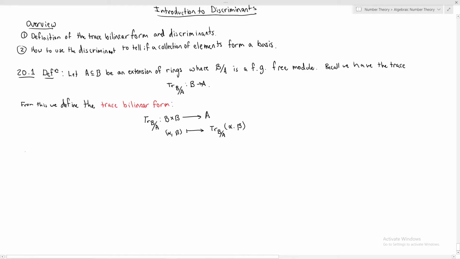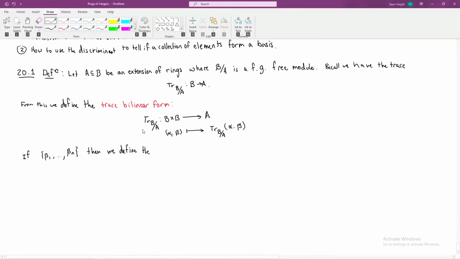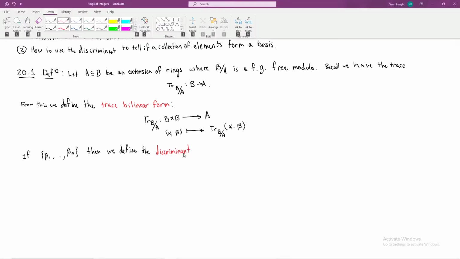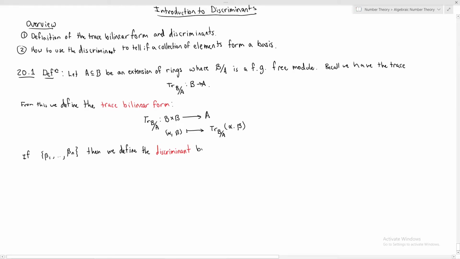Okay. So let's say I have some collection of elements, beta 1 through beta n, then we define the discriminant of these elements by formula.